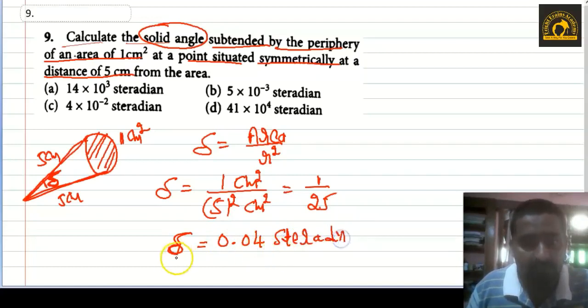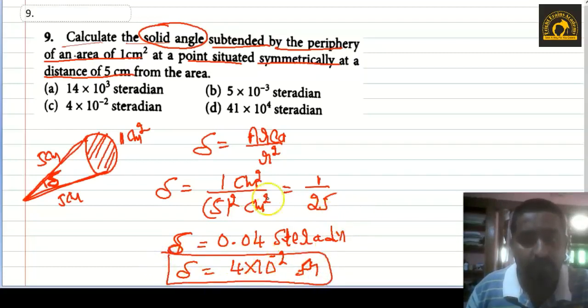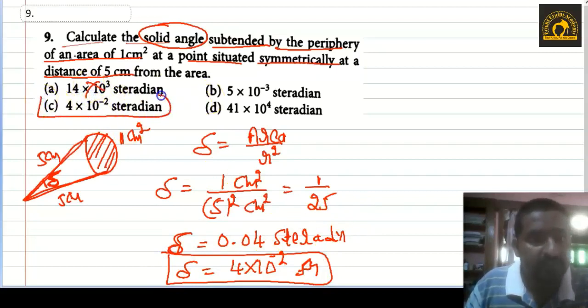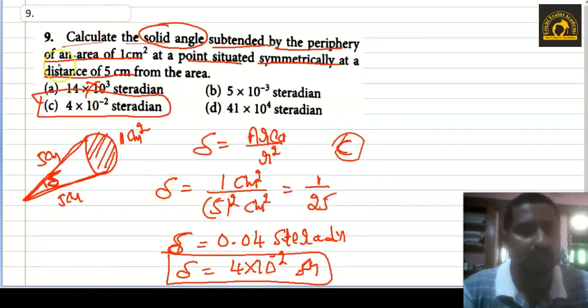So the final answer is 4 into 10 to the power of minus 2 steradian, which is matching. So option C is the matching and correct answer for this question.